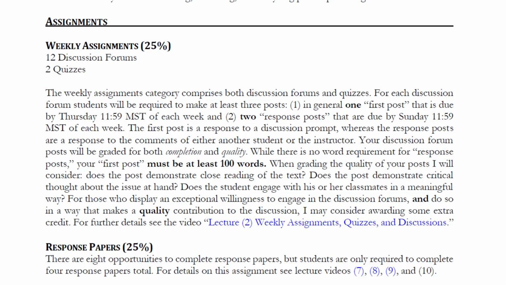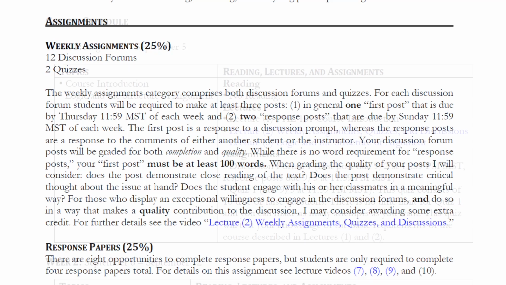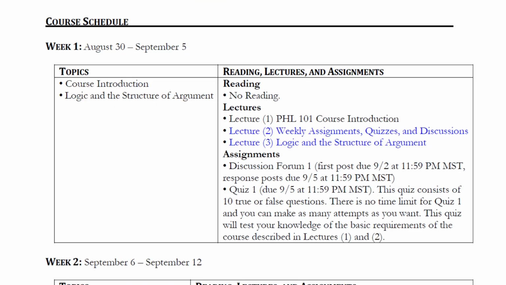However, there are a few points that I want to make about the assignments at this time. First, how do I know when a given assignment is due? You can find this information on the course schedule of the syllabus. Let's look at a few examples to understand this. For instance, consider week 1 of the class. For each week of the class, you can find the assignments you need to complete under the assignments area of the course schedule.